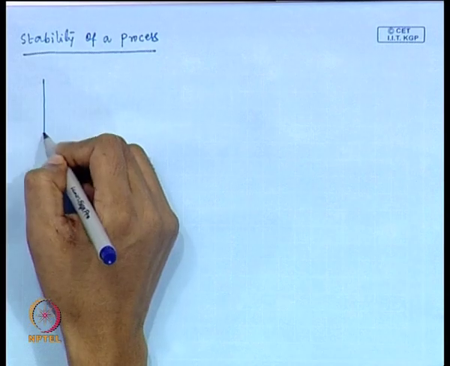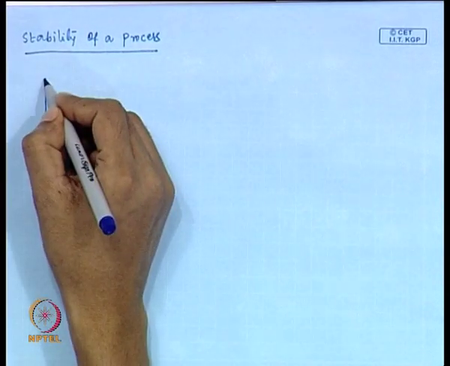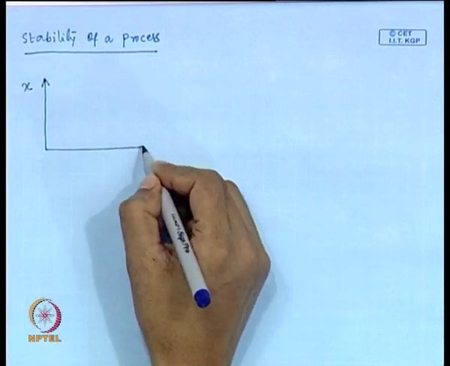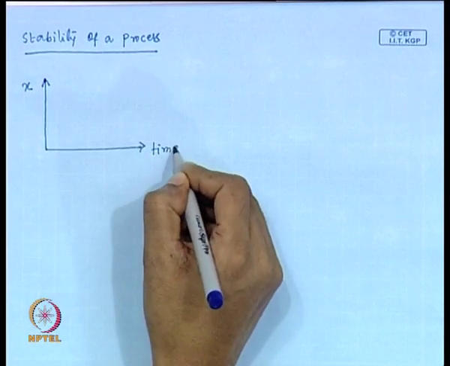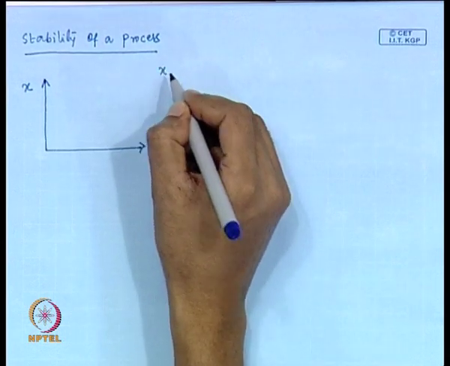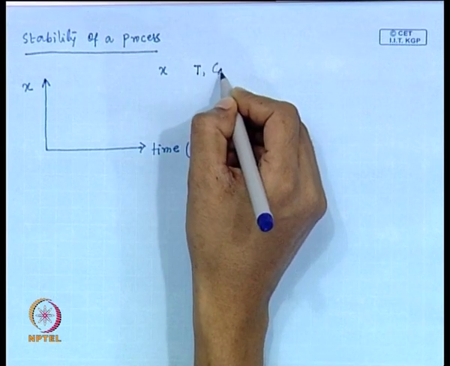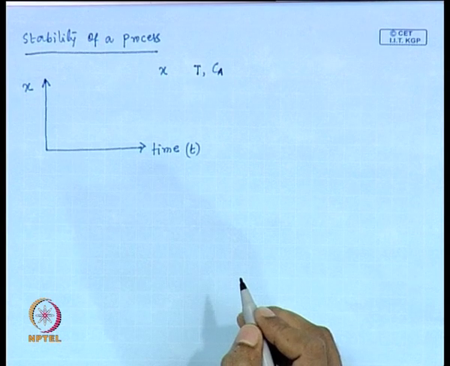So, we will first draw a plot, this is x and this is time t. This x may be temperature, x may be concentration, fine.